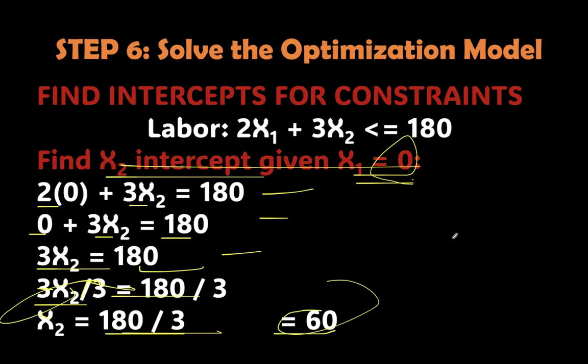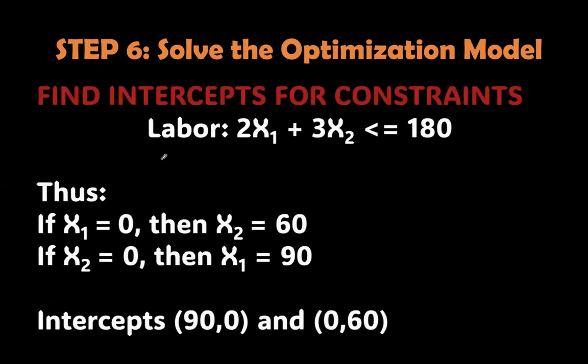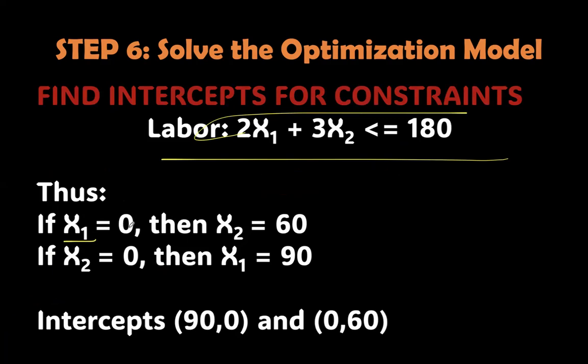In general, for finding the x and y intercepts of the labor constraint, if we find x sub 1 where x sub 2 is 0, it becomes 90. So your intercept right now is (90, 0).